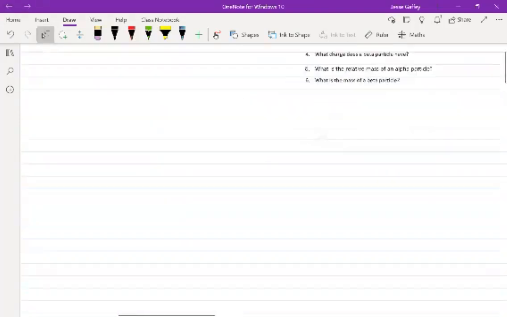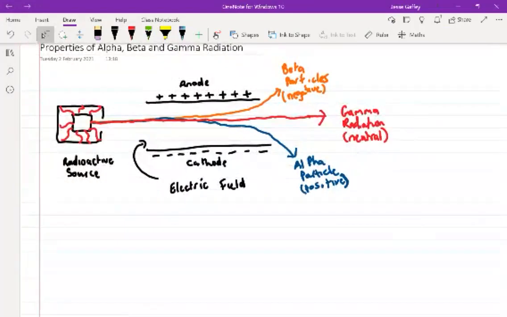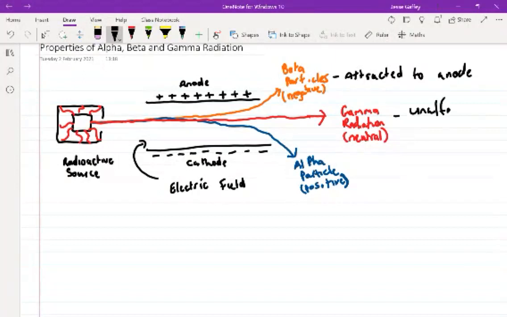Okay, so this is the diagram, the one we drew over here. So you should have a radioactive source, an anode and a cathode, creating an electric field. And you should show that beta particles are attracted towards the anode. So you should mention that in writing. So as well as drawing, you should say beta particles are attracted to the anode or the positively charged plate. Gamma radiation, we say, is unaffected, no change, nothing happens to it, goes in a straight line.